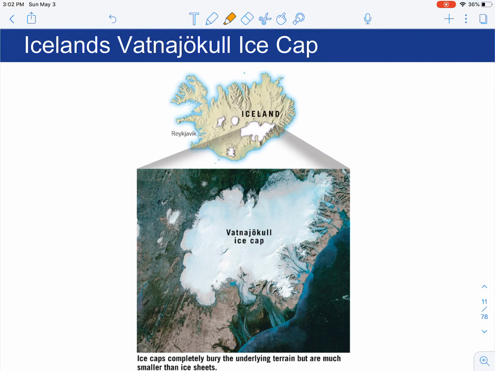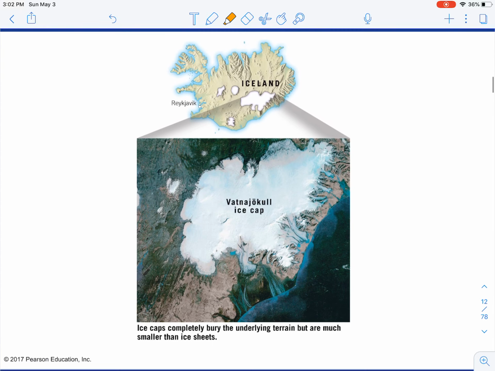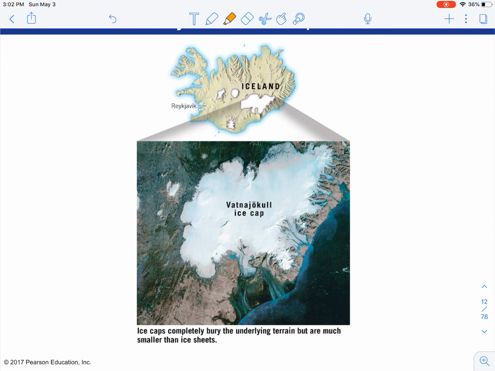But this Vatnajökull ice cap is kind of cool. We've been here, and if I think about it, I'll try to show you guys some pictures of that. You can see here, this is a pretty big ice cap, and you can see where the ice is extending out as meltwater into the Atlantic here.